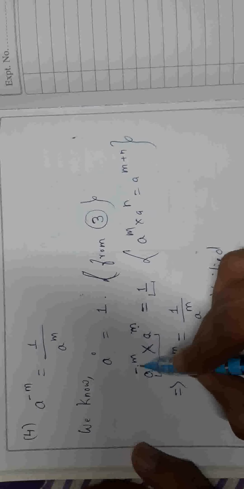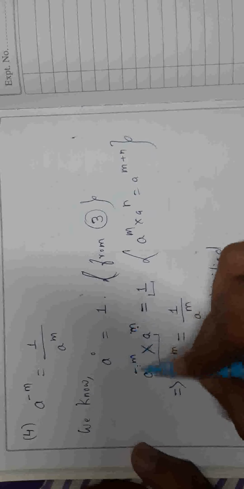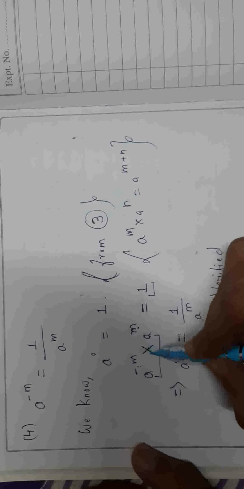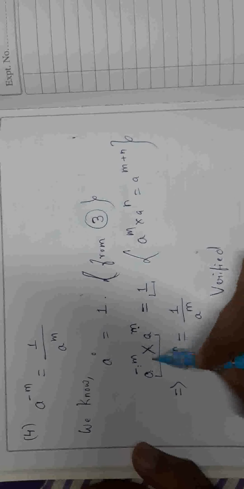So minus m and plus m cancel each other, and the result is a to the power 0, which is my left hand side. Therefore I am not violating the left hand side, and a to the power minus m into a to the power m equal to 1 can be written instead of a to the power 0.